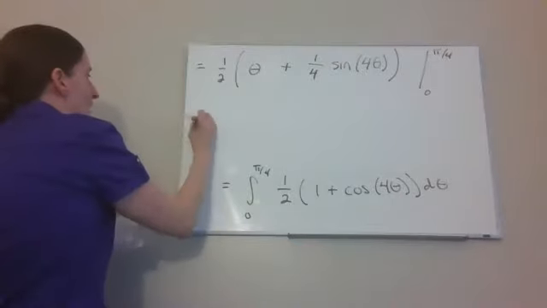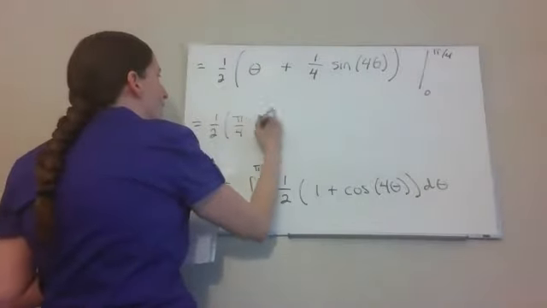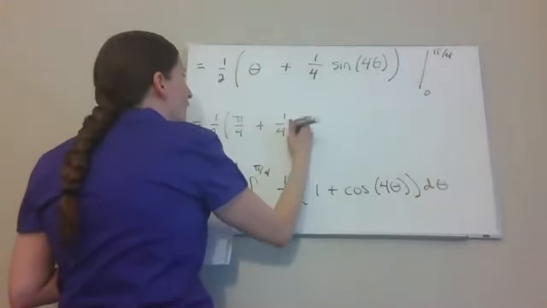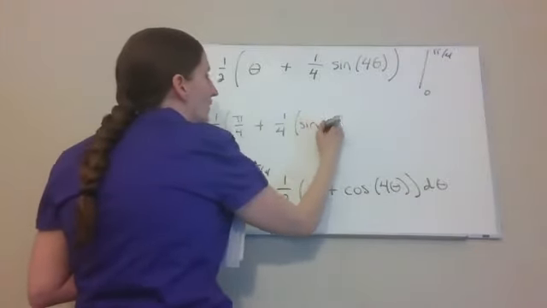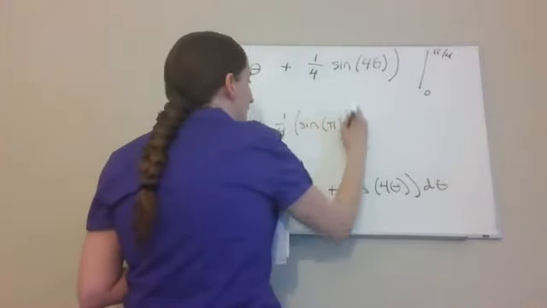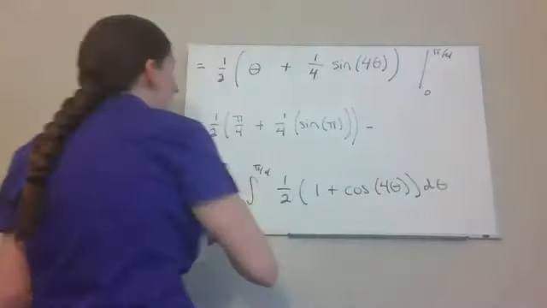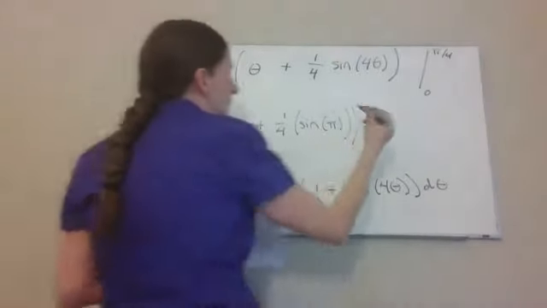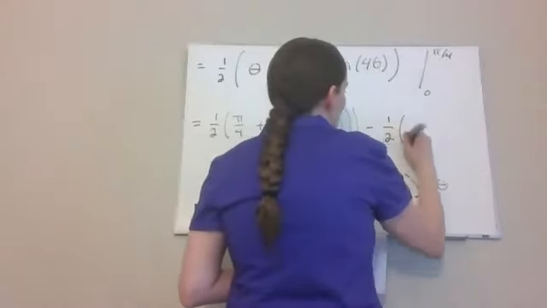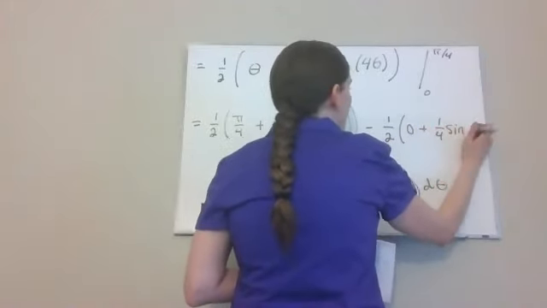So when I plug in the pi over 4, I get a pi over 4 plus a 1/4 sine of 4 times pi over 4. So that's sine of pi. And then minus my 1/2 times my 0 plus 1/4 sine of 0.